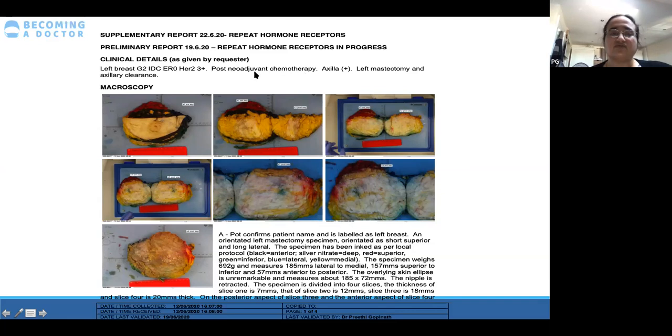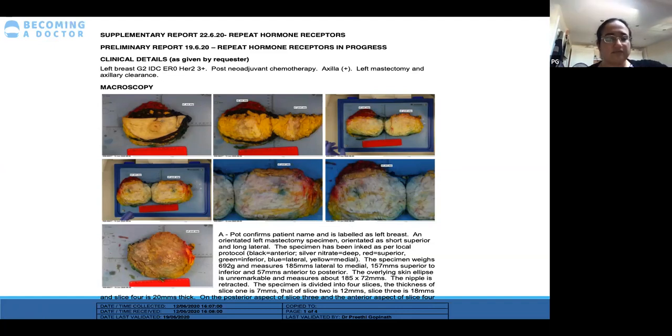So neoadjuvant chemotherapy, meaning before surgery, she's had chemotherapy. And the reason for that is because she's HER2 positive. HER2 positive tumors mean that the patient may be receptive to Herceptin therapy, which is given in order to shrink the tumor down, but also to improve survival.